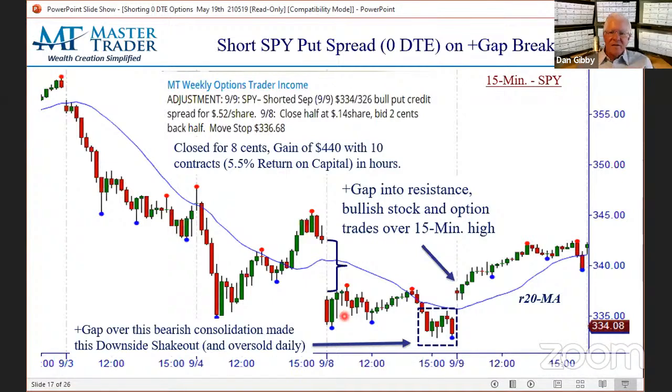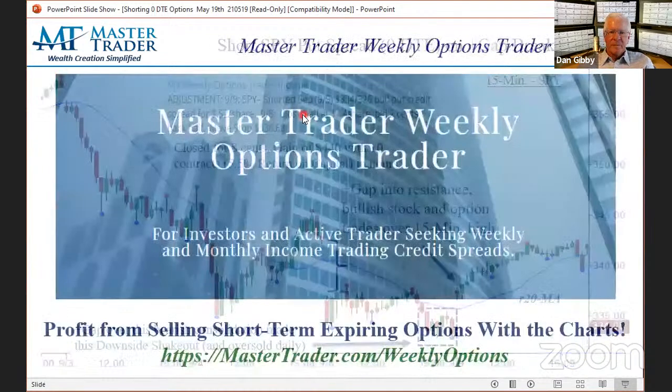It's a no-brainer setup based upon our technical approach. And so we sold this, it looks like $8 wide, took in 52 cents, closed it for, made 440 bucks in hours. All it has to do is stay above this support and we make the money.